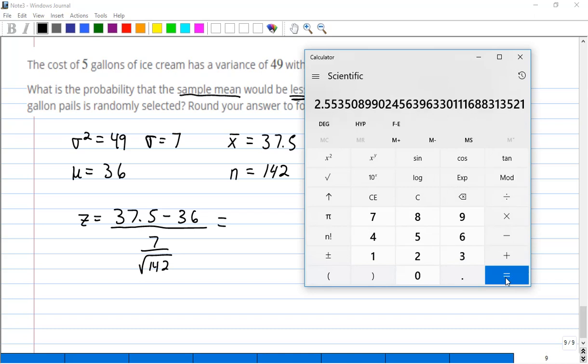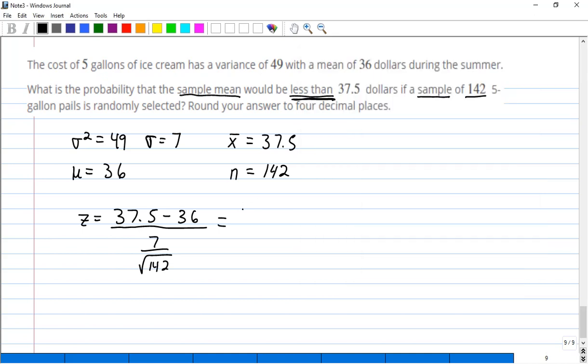So that's what you should get when you do your calculation, however you do it. All calculators are different. So if we round that to 2 places, that's 2.55. And we round z-scores to 2 places.